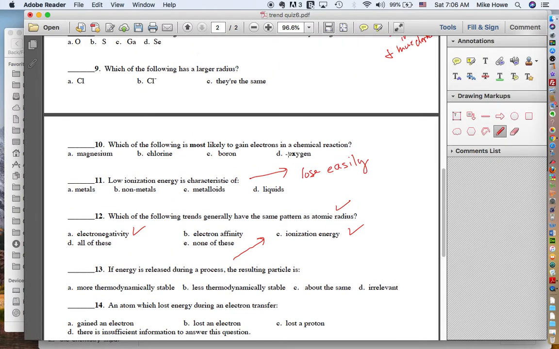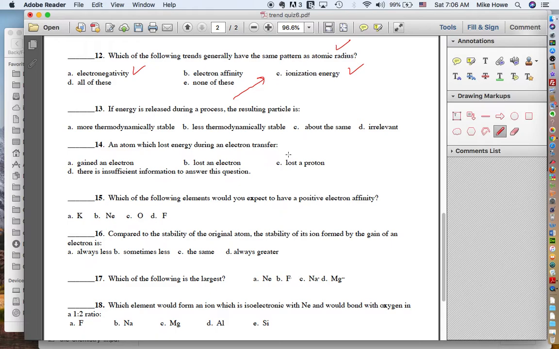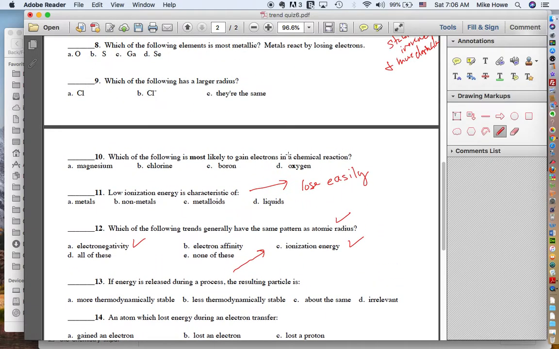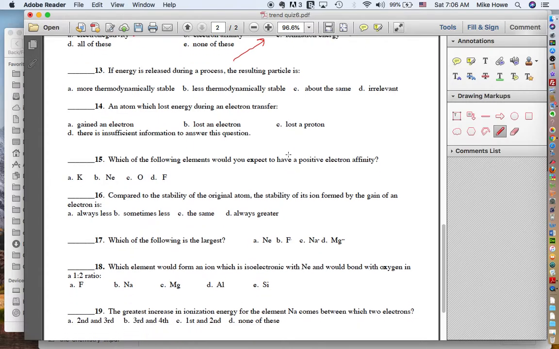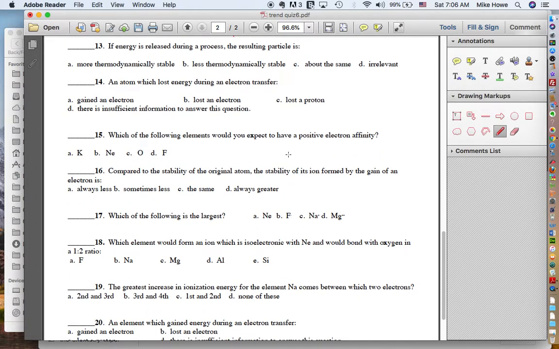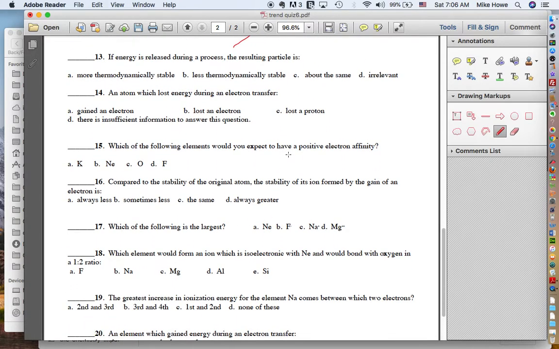So you want to go back up here and review this part of the video. And positive electron affinity, I spoke to that also, back up in this part of the video. So that's number 15. Number 16. If you go back and review the previous part of the video about the energy changes.